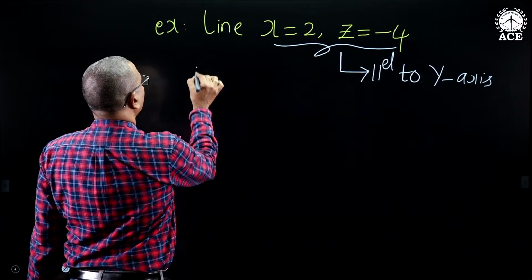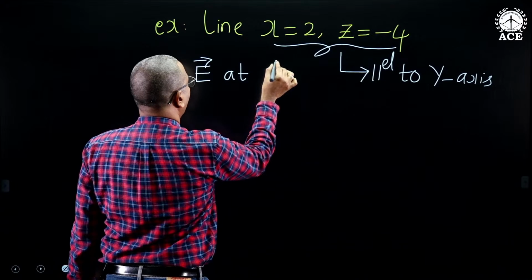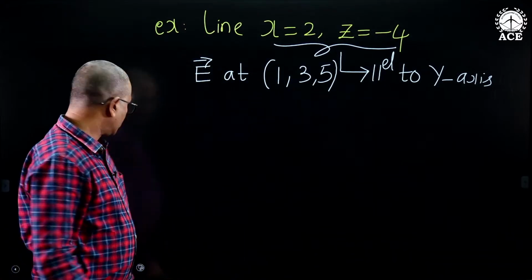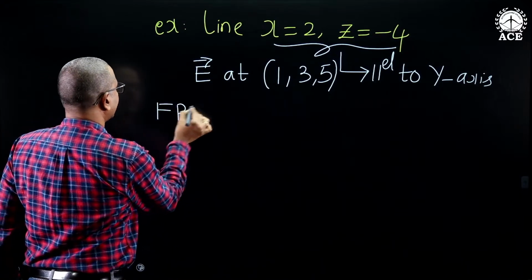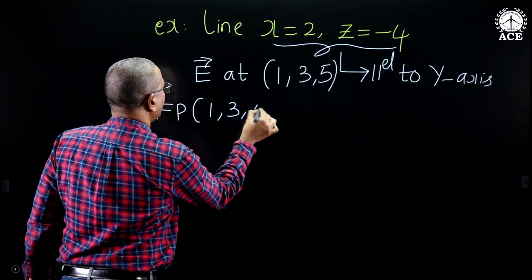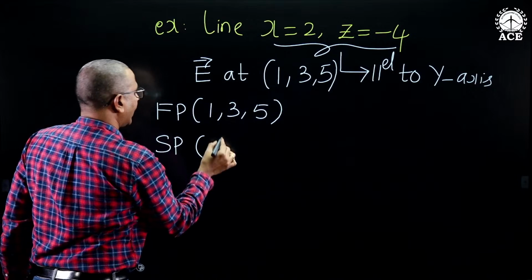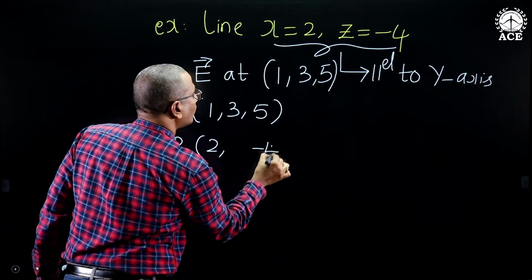Suppose in this problem, I'm asking you to find E bar at 1, 3, 5. Now tell me, what is a field point, dear students? What is the field point in this example? 1, 3, 5. What is the source point? X is constant, Z is constant, minus 4.